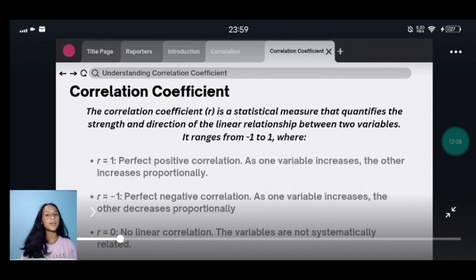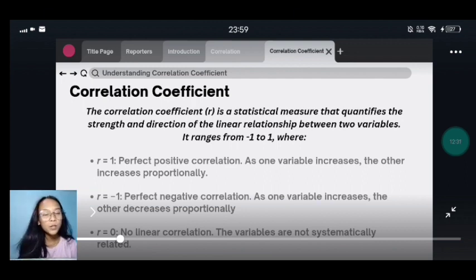It ranges from -1 to +1, where R equals +1, or the perfect positive correlation. As one variable increases, the other increases proportionally. So as what I've said earlier, if ang isa ka variable mo taas, automatically ang ikaduhang variable is increase po mo taas.